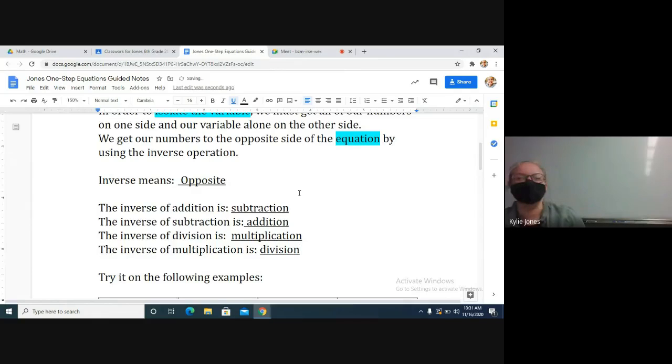Division. Okay, I'll give you a minute on this to just get it typed out. Okay, the key part in all of these is just doing the opposite. Whatever you see, if it's an addition, if you see x plus 3, you got to subtract 3 then. We'll do the examples together. I don't have you doing them on your own just yet.